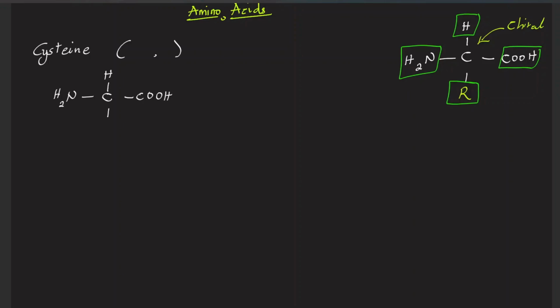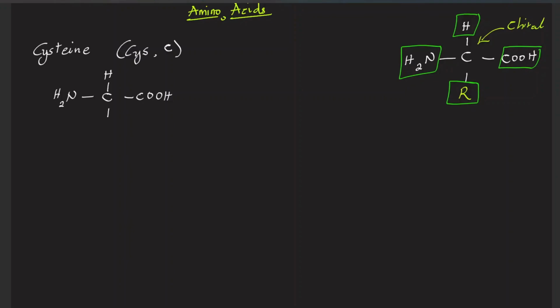Now, cysteine has a 3-letter abbreviation of CYS, and the 1-letter abbreviation is just a C. Cysteine is another sulfur-containing group. Remember we did methionine that had sulfur? Cysteine also has sulfur.